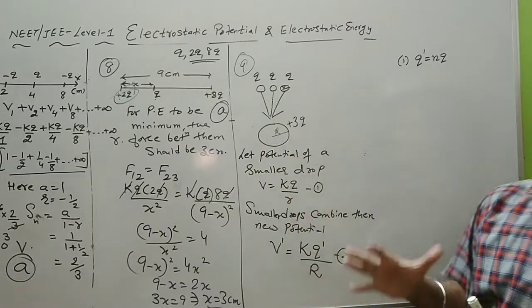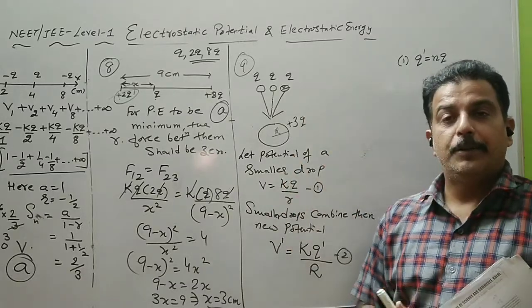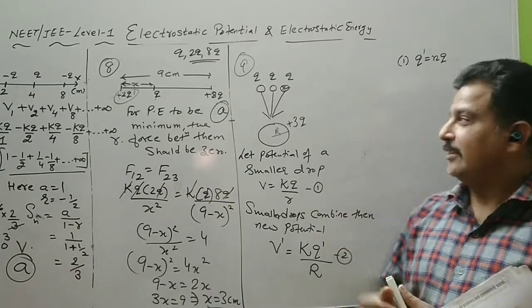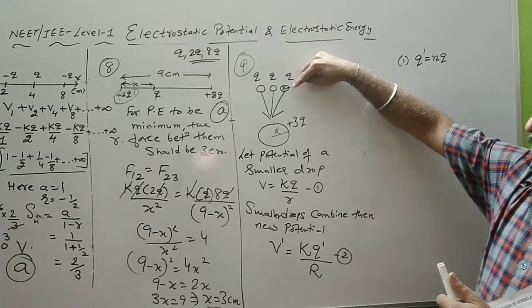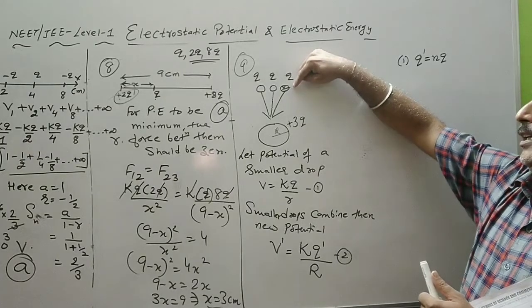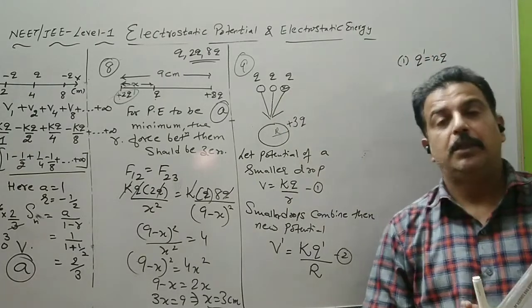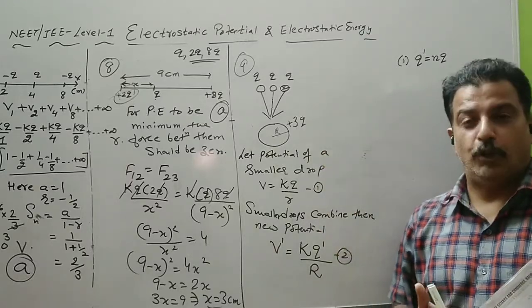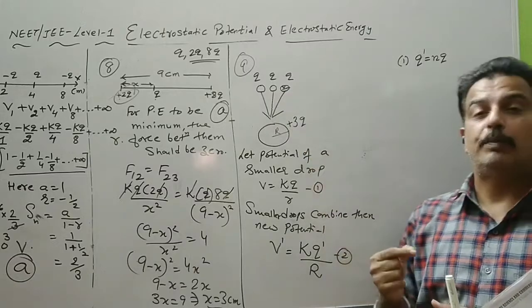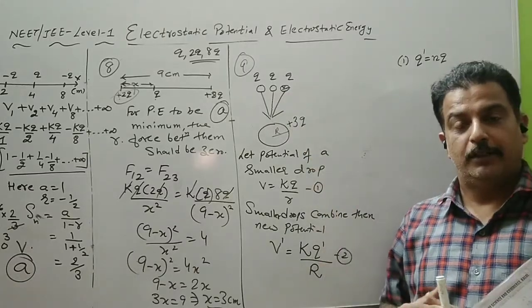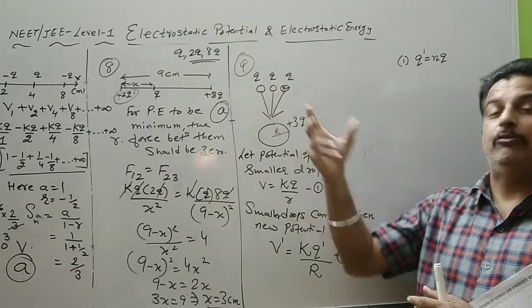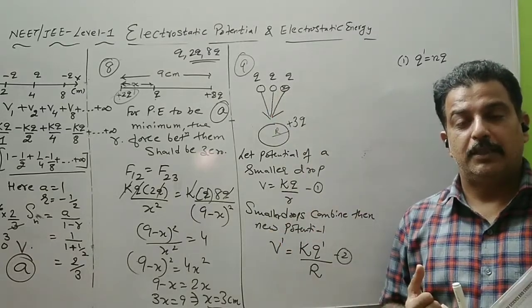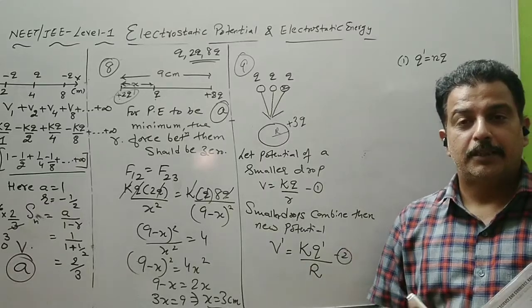Now in such numericals, you have to remember that the volume remains constant. That is, suppose the volume of one drop is V, then the volume of the combined drop will become 3 times the initial volume. Suppose this is a water droplet consisting of 1 ml of water. There are 3 water droplets, so the total radius will not be 3 times, but the volume should become 3 ml.